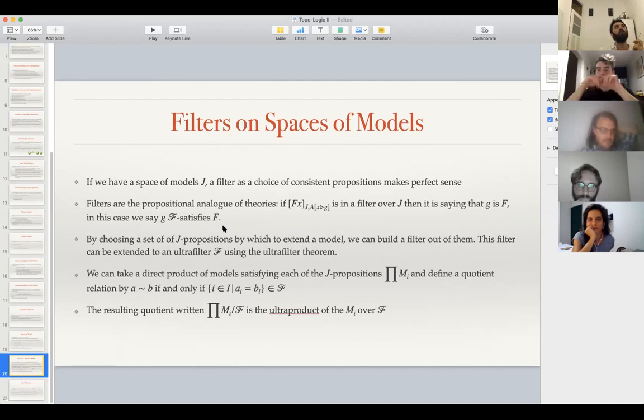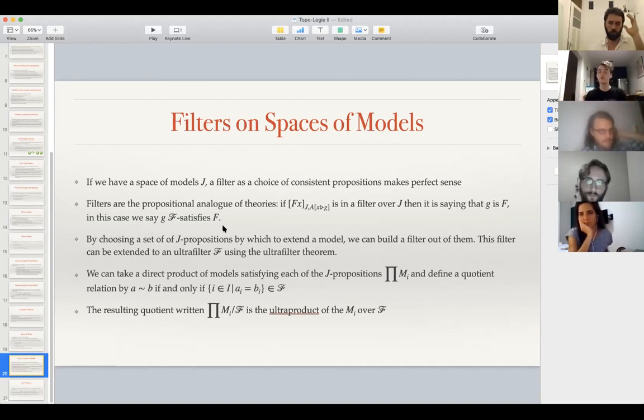We can take those axiom propositions and make them upwards closed, so everything that they imply is also true. And finite conjunctions of these axioms are also true. So this is a filter in general, but not necessarily an ultrafilter.